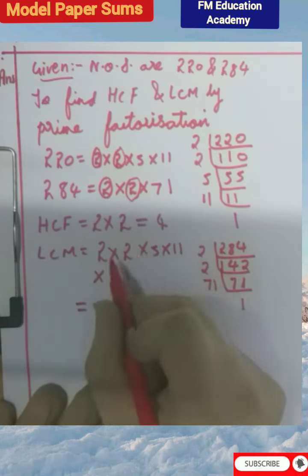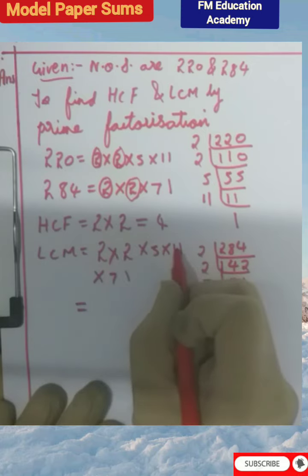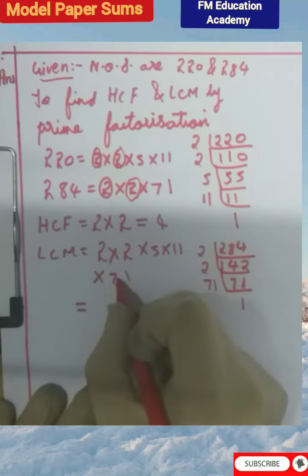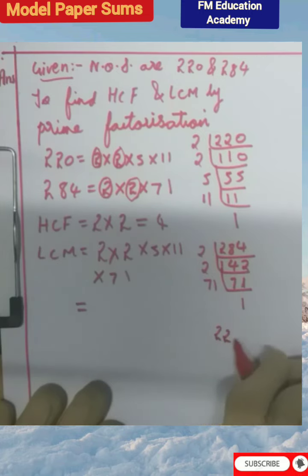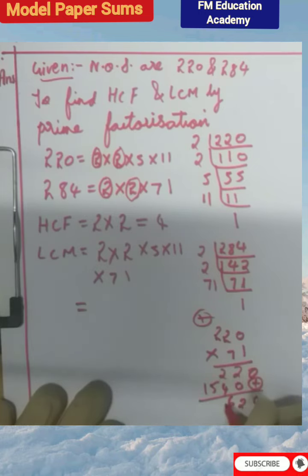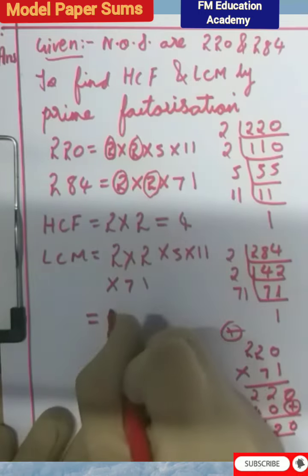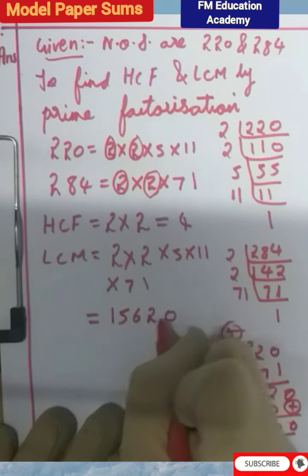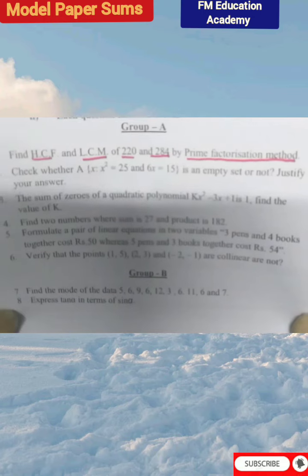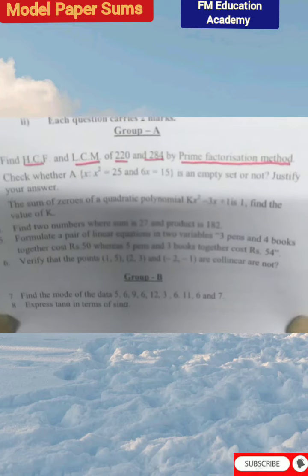Now let us multiply and find out. 2 2s are 4, 4 5s are 20, 20 11s are 220, 220 71s are 15620. So we got LCM as 15620.